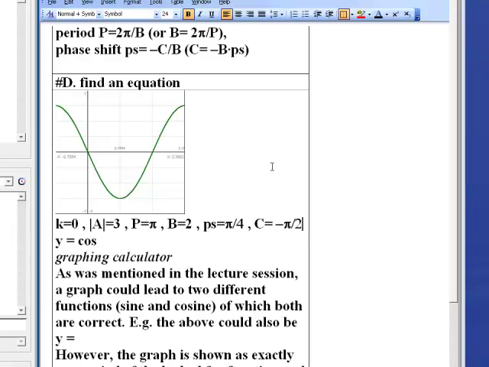Okay, so the equation is going to look as follows. 3 cosine of 2x minus pi over 2.